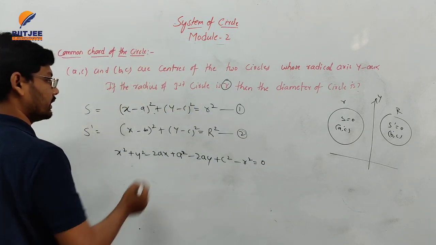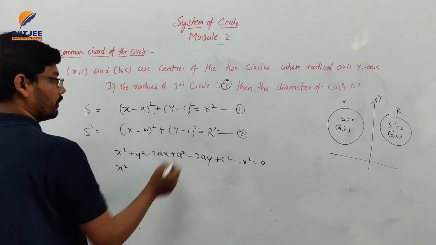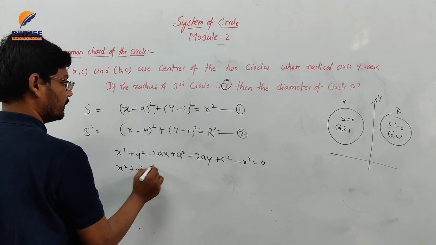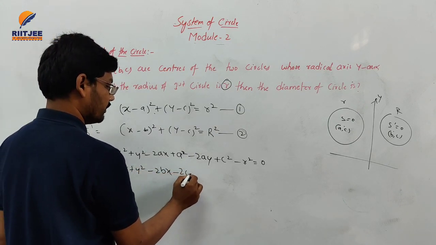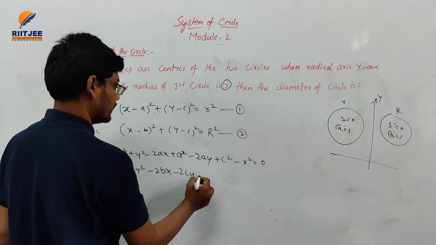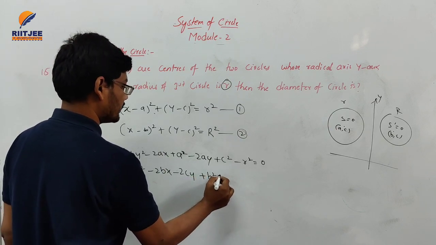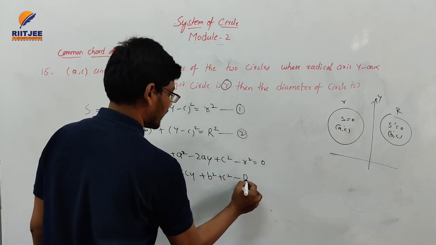Total 6 terms should come. This is equation number 1. And if you expand the second one, x square plus y square minus 2bx minus 2cy plus b square plus c square minus capital R square.